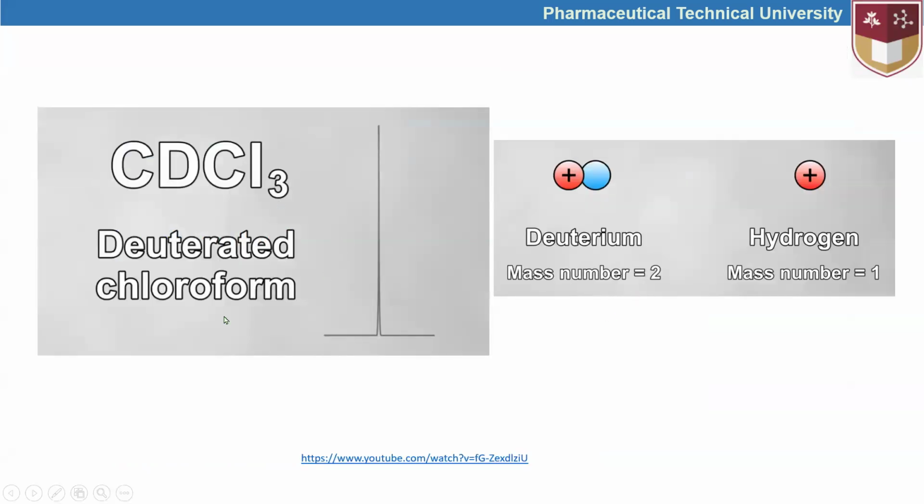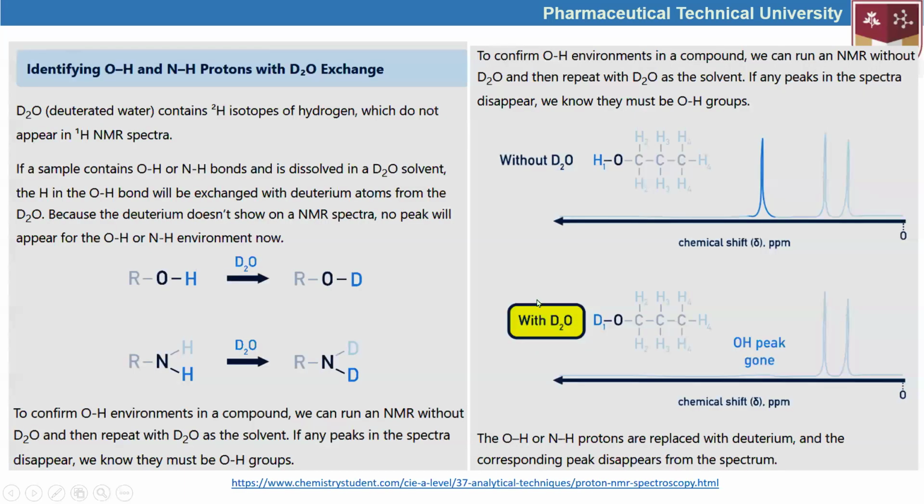And this is deuterated chloroform. It also has a single peak, as I reminded. That's why it can also be used for HNMR, and the peaks resulting from the deuterium do not interfere with the hydrogen peaks. Okay.